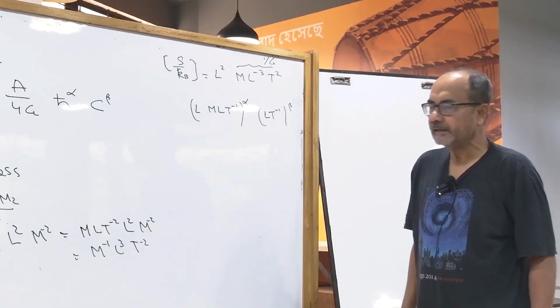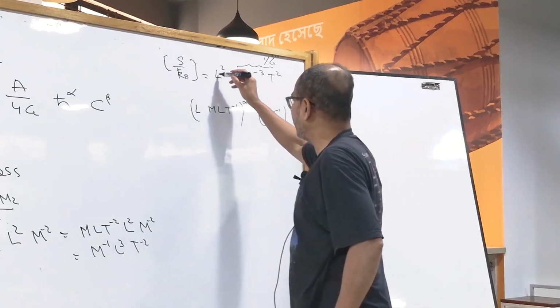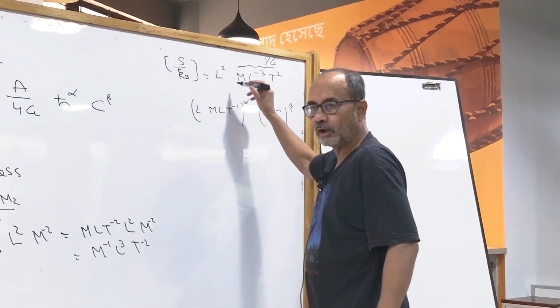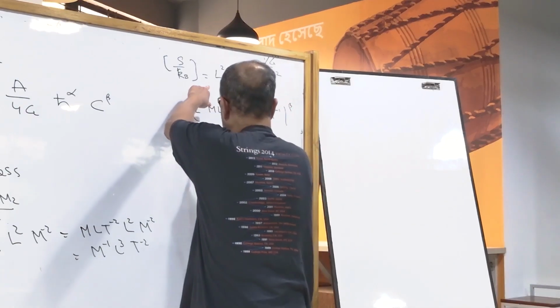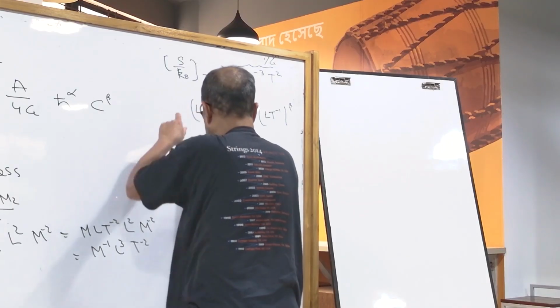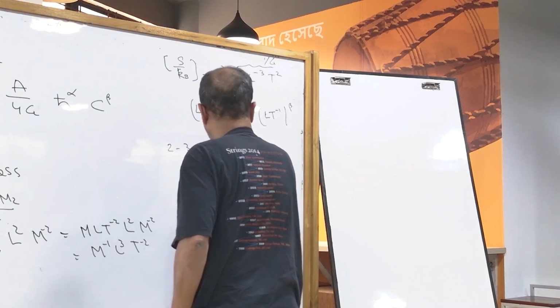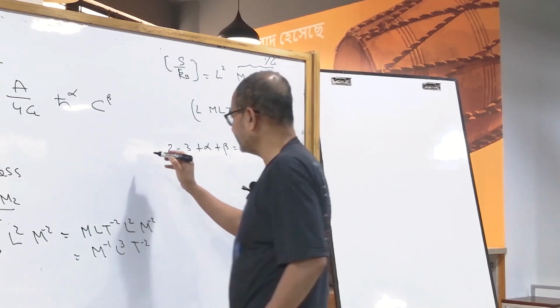Is it okay? So, let's just compare. This is dimensionless, so the powers of L, M and T have to all add up to 0. So, let's do the L. L gives you 2 minus 3 plus alpha plus beta equal to 0.